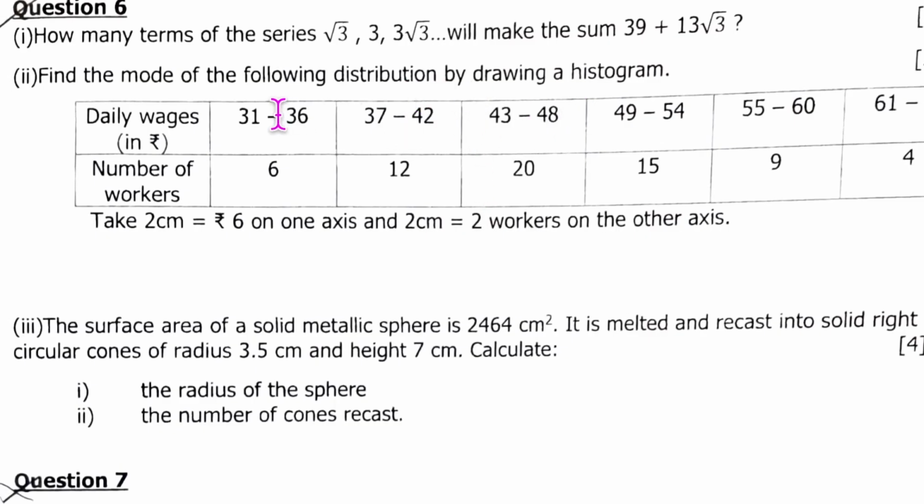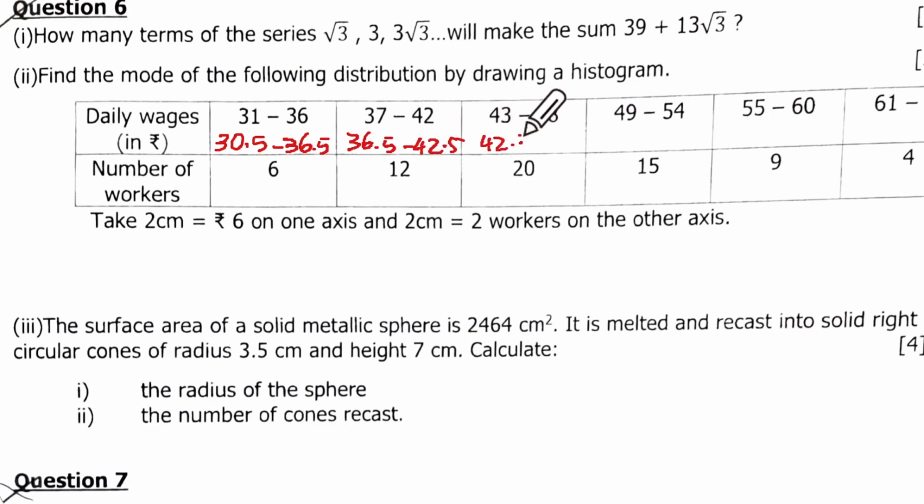And now drawing the histogram, what will we have to do over here? Tell me, can you see this? Can you see this and this? What you'll have to do, step number 1, you'll have to make the class intervals of what? Subtract 0.5, so 30.5 to 36.5, correct? This will be what? 36.5 to 42.5, understanding?